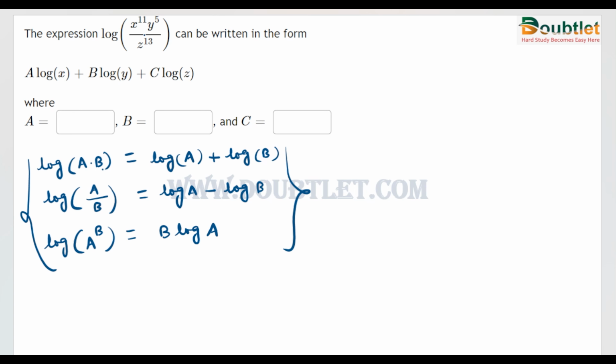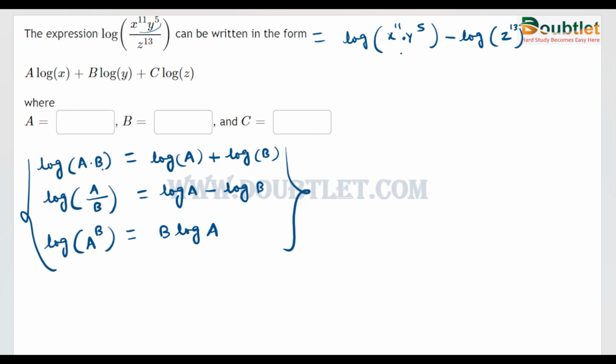First of all, we know that x to the power 11 and y to the power 5 are in multiplication and this is divided, so we will first use the division format. Suppose the upper quantity is a and the lower quantity is b. So we can write this as log of x to the power 11 multiplied by y to the power 5 minus log of z to the power 13.